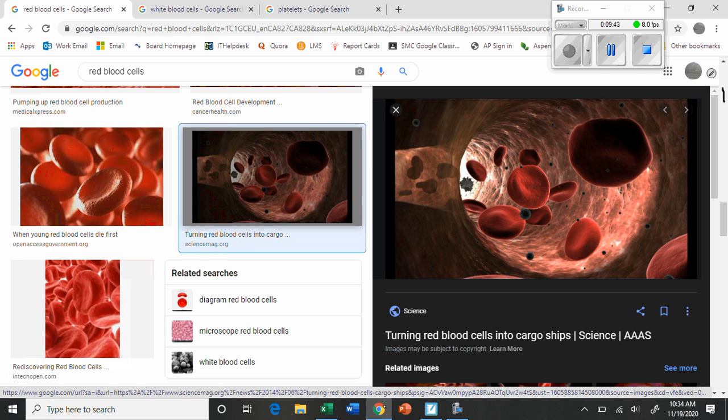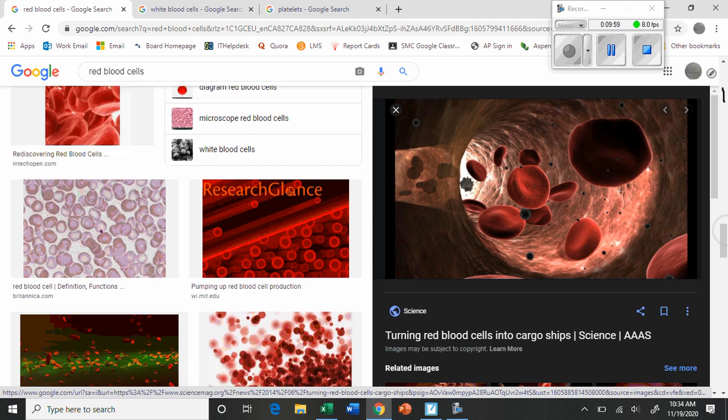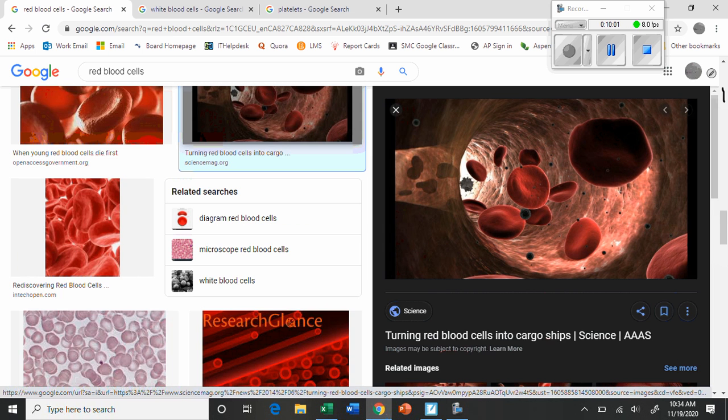The cells themselves, there's only 3 or 4 wide, so this is probably a very small vessel. It might not be a capillary, it might be an arteriole or a venule, but it just gives you some perspective as to how big the actual blood vessels are compared to these cells, right? And that's basically how red blood cells work.